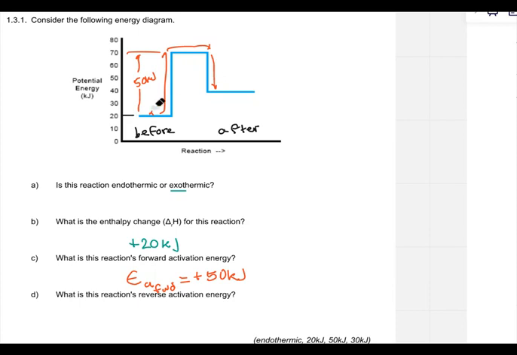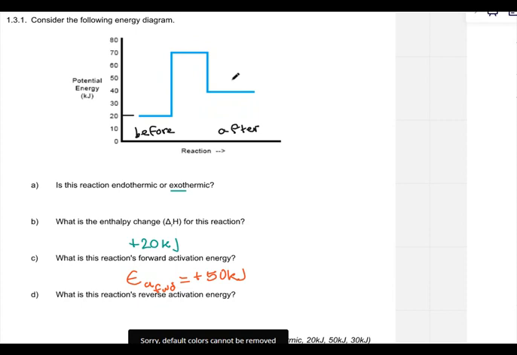The reverse activation energy is the same idea, except now you're over on the right side and you want to go home. Now you are here, and you have to climb up this, and then the flat is free, and again the drop here is free. So now you're starting at 40 kilojoules, and the top of the hill is still 70.